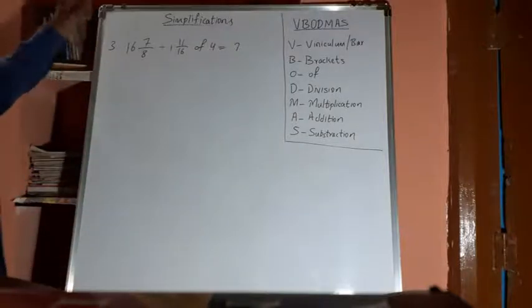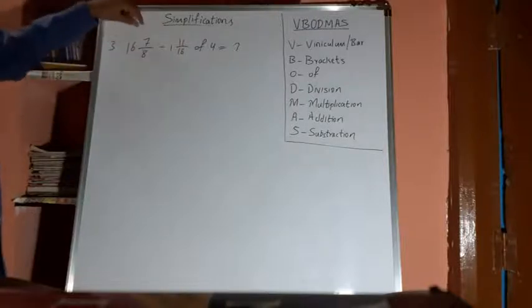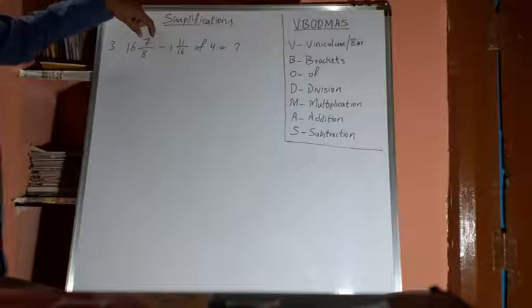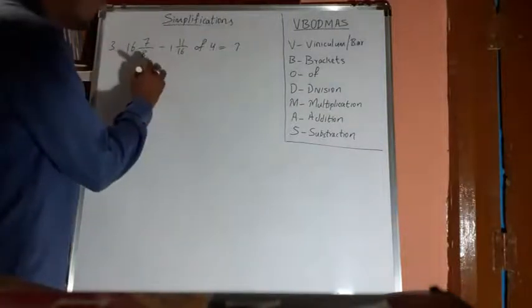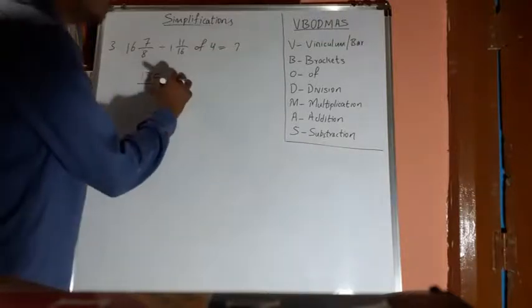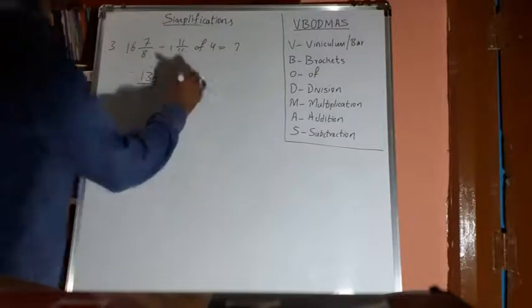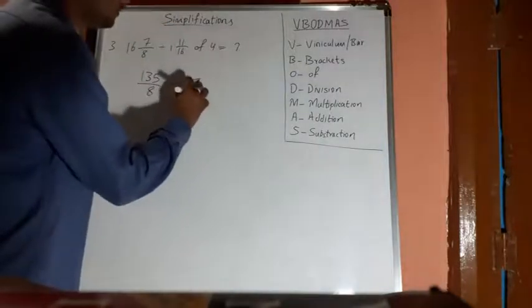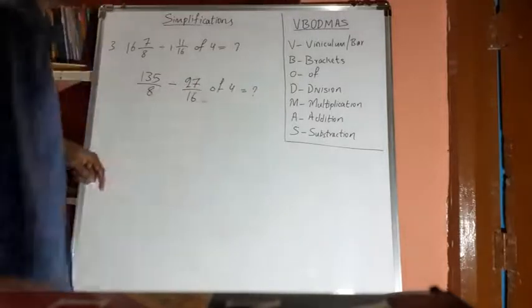If you don't know the 16 table, just do like this. 6 eights are 48, 4 carry, 8 plus 8 ones is 8 plus 4, 12, that is 128. 128 plus 7. 8 plus 7 is how much? 15. 15 plus 120 is 135. So 135 by 8 divided by 16 into 1 is 16 plus 11. How much is it? 27 of 4.